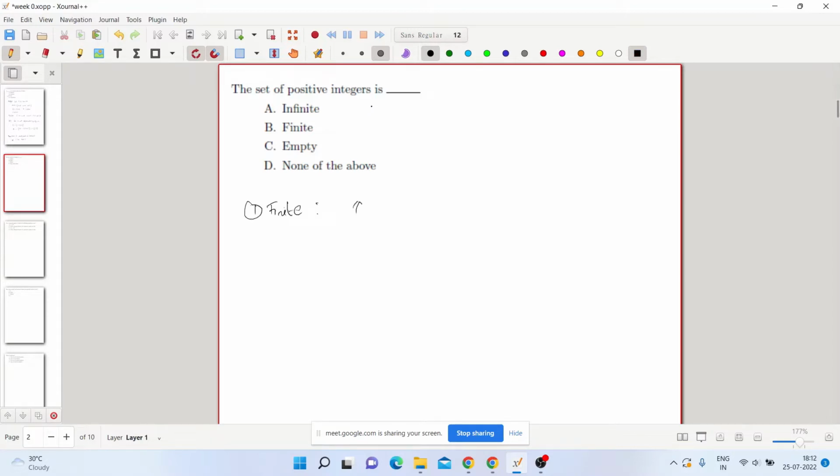A finite set: if A is a set and we are finding the cardinality of A, it is denoted by mod A. If this is n for some positive integer n in Z plus or Z plus union 0, it can be 0 also.